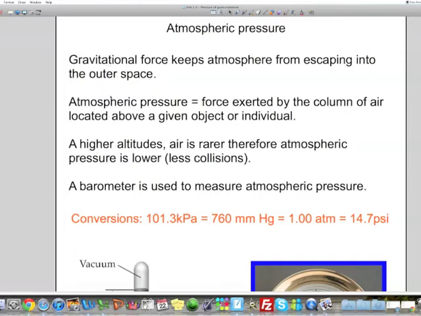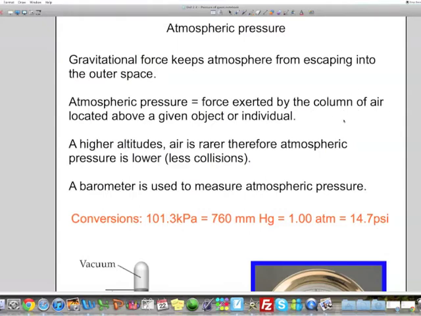So again, that atmospheric pressure, because pressure is not illustrated but really created by collisions between air particles and a surface, the atmospheric pressure is again exerted by the air above us and the collisions of those particles on a given object or person. But the way we're going to measure it, we're going to basically look at a vertical column of air.